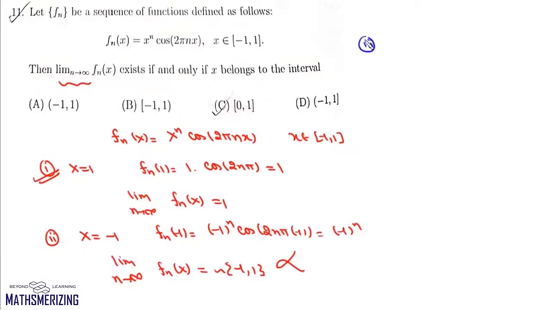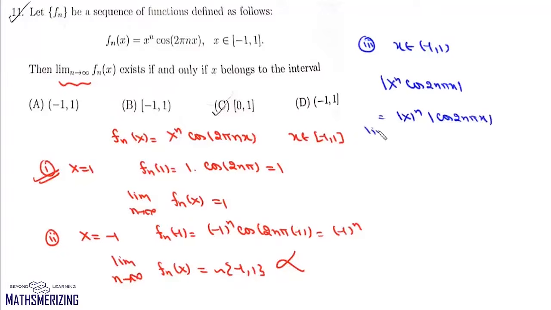And finally, when x lies between minus 1 and plus 1, in that case, mod x^n cos 2n pi x will be mod of x to the power n into mod of cos 2n pi x.